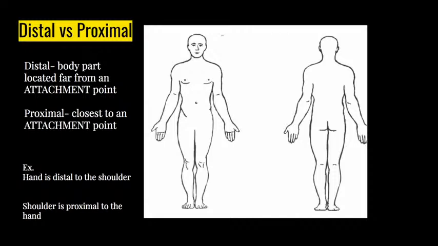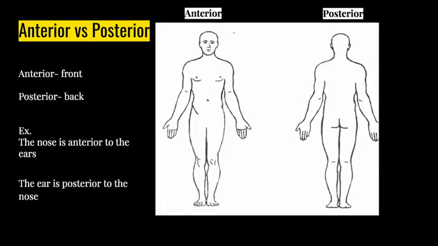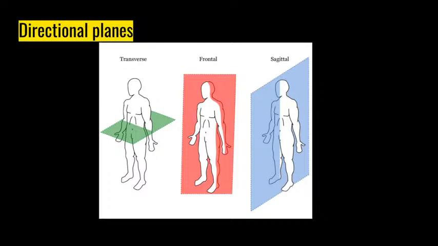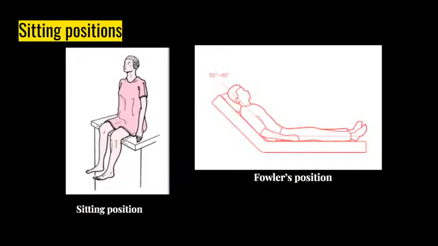Then distal and proximal, where a distal body part is located far from an attachment point, and proximal is located closest to the attachment point. Then anterior and posterior, where anterior means the front and posterior means the back. We learned about directional planes: sagittal, frontal, and transverse.